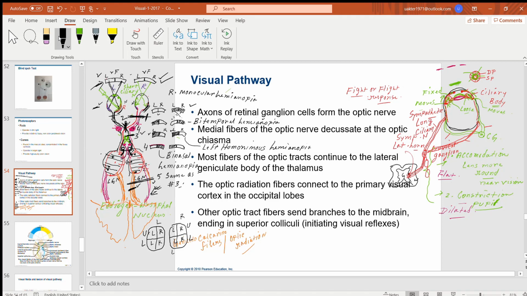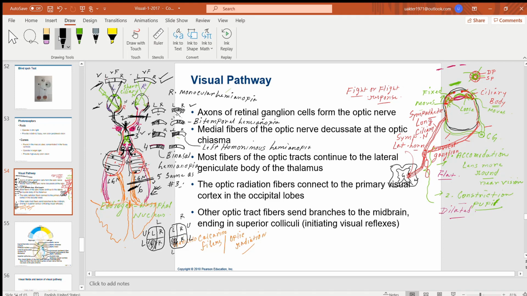So let me first show you here. If a lesion occurs in these superior fibers, then inferior part will be affected. And since this is the right side superior, so left side's inferior will be affected. So let me see in both eyes. Left side's inferior will be blind.